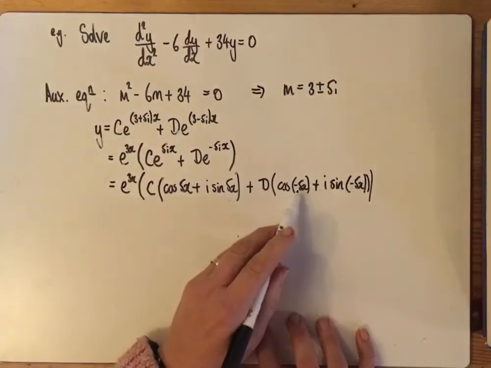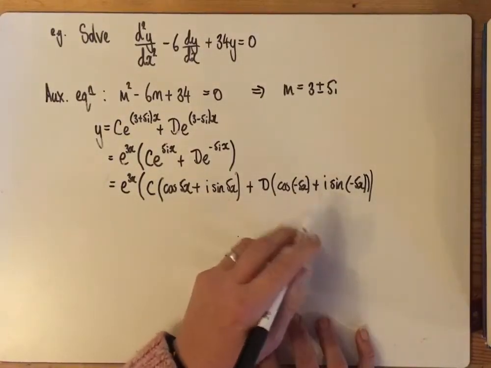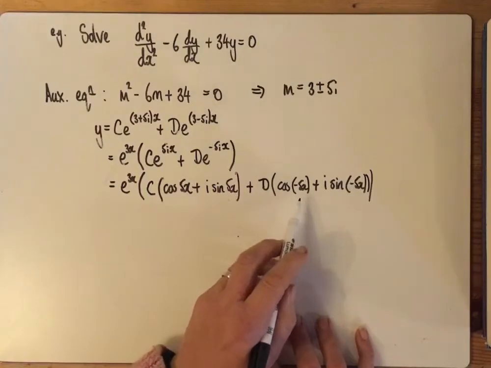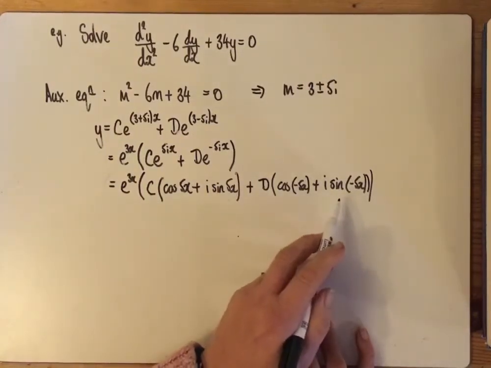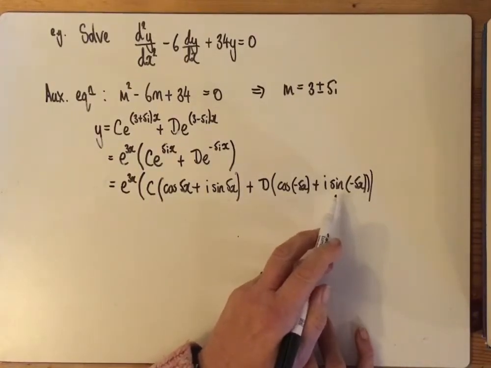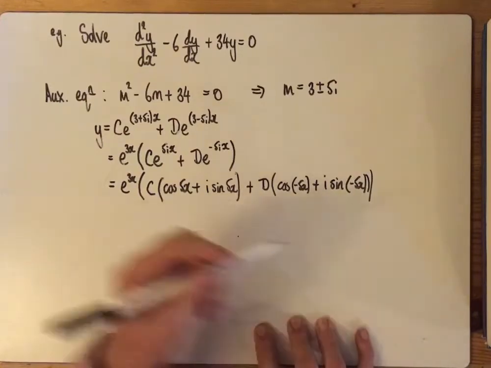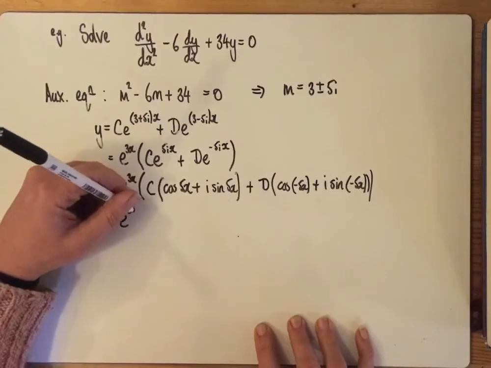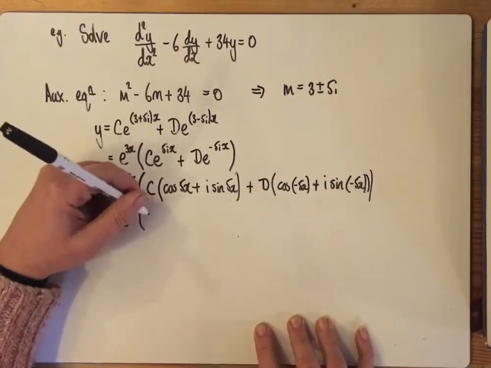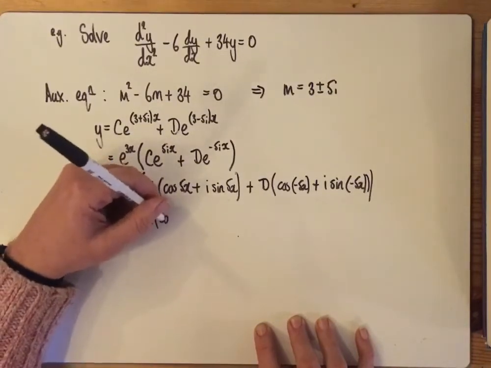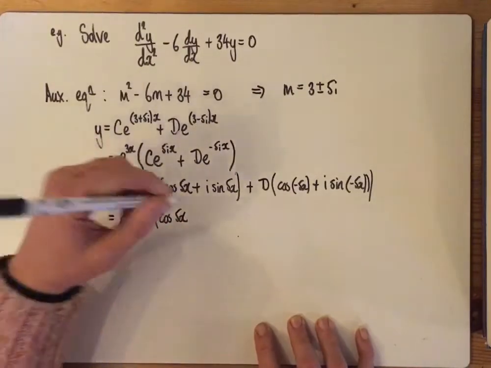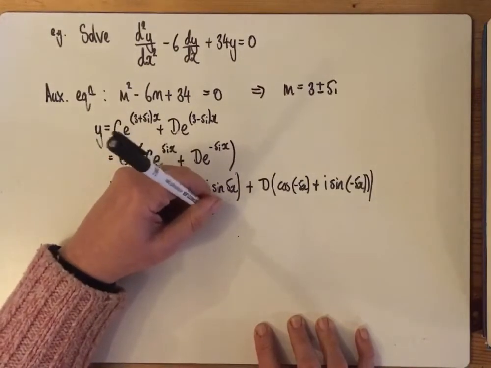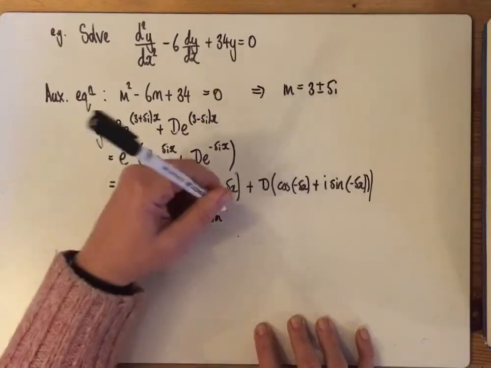I can now rewrite this just pulling out these negatives like we've done quite a bit before. So cos minus 5x equals cos 5x, and sine of minus 5x equals minus sine of 5x. So it'll all factorise in a different way. Trying not to smudge my work.